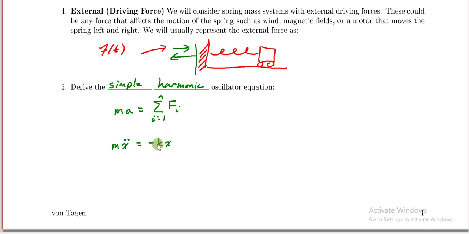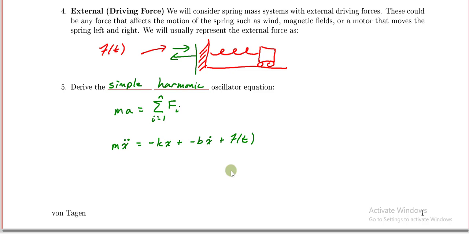Remember that Hooke's law says that the restorative force is proportional to the distance that the spring has been stretched and in the opposite direction. And then we also had the drag force, which is proportional to our velocity and in the opposite direction. And then we had our external driving force.